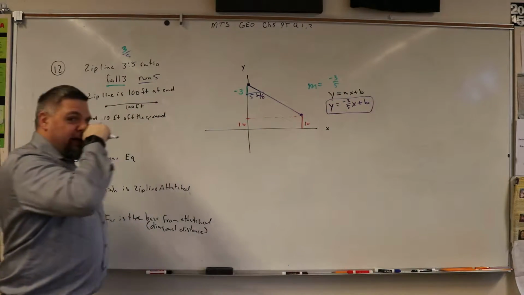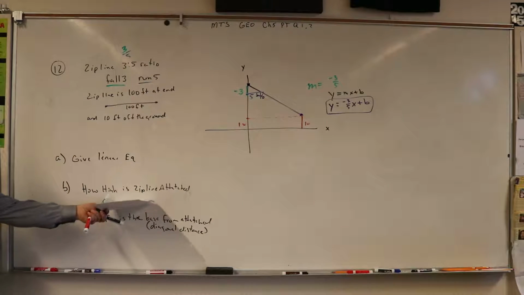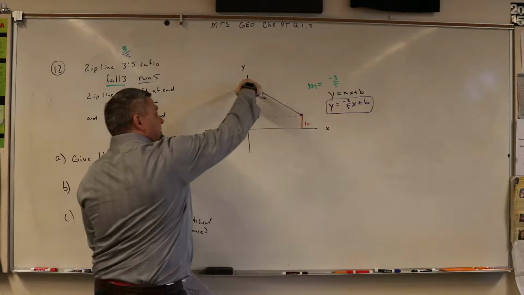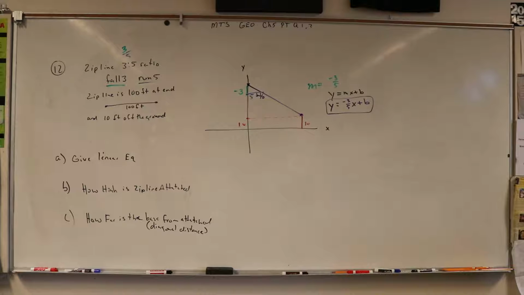To find b, I have to find how high, where it is attached. I need something. What do I need? Oops, plugging these into the wrong thing. Did I drop a pin? Oh, there it is.